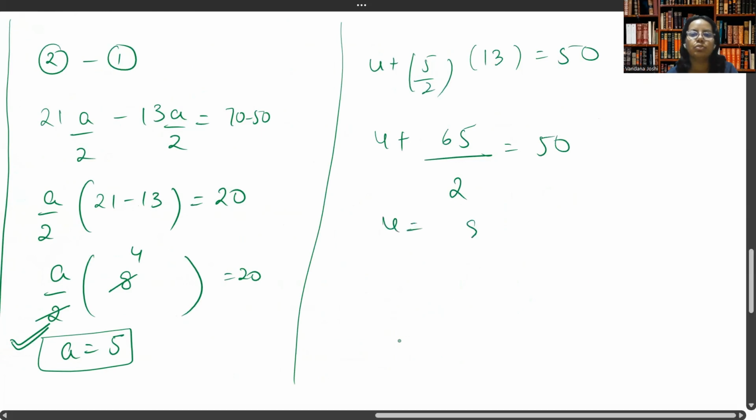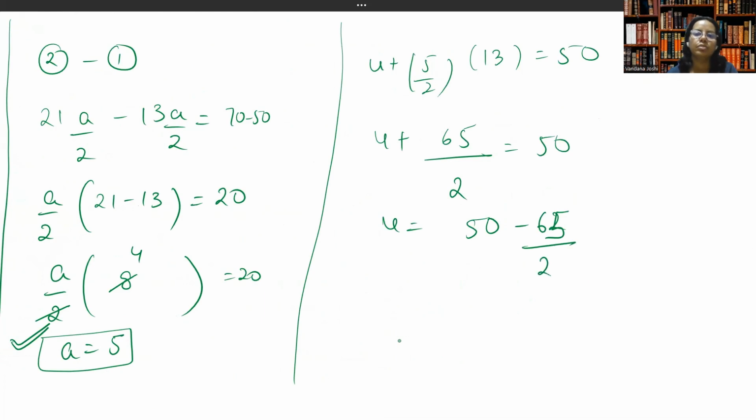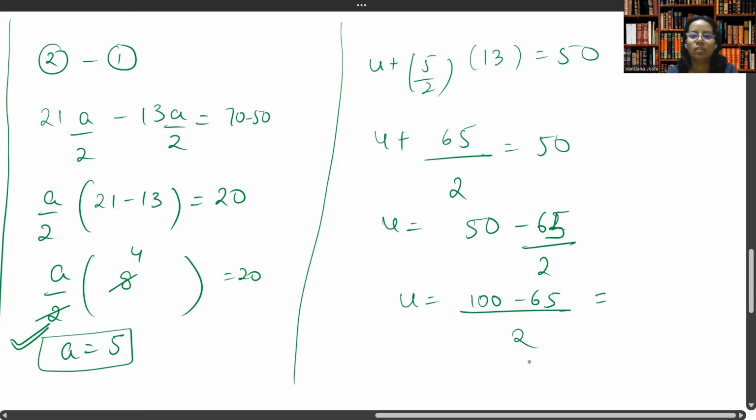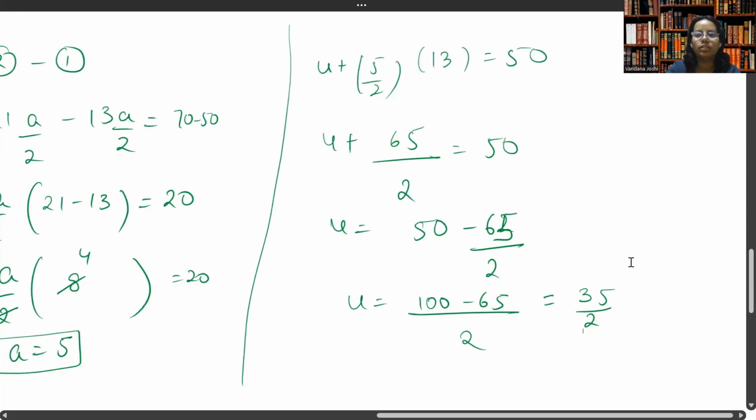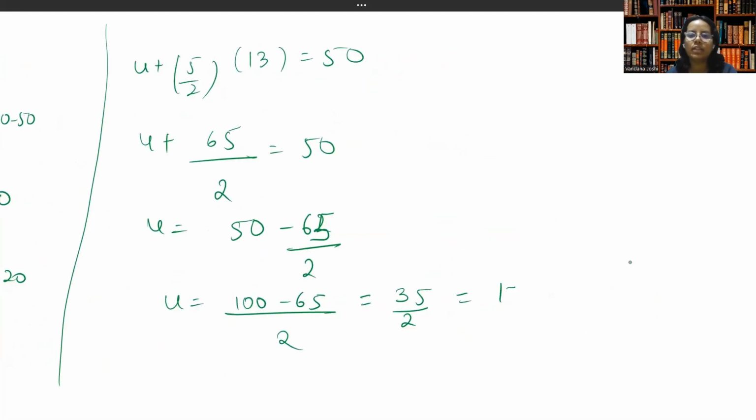Now u would be equal to 50 minus 65 over 2. Minus 65, and this is going to turn out 35 over 2. Okay, or we can say 35 over 2 is equal to 17.5 meter per second.